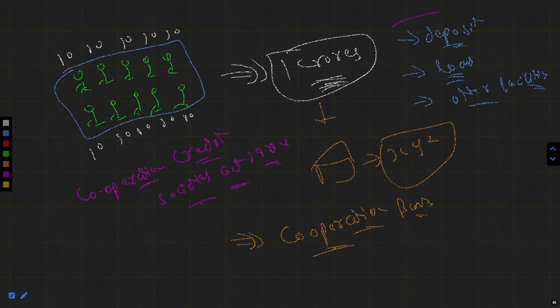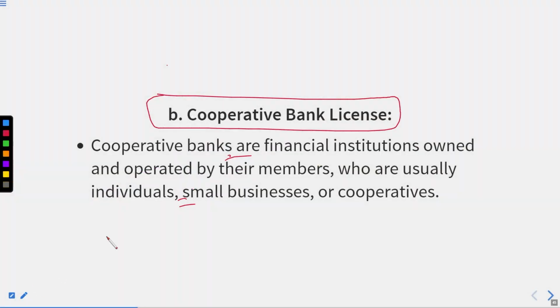All its facilities are exclusively limited to its members. Anyone who also wants to use these facilities has to be a member of that particular bank by contributing the amount. So remember this point also.